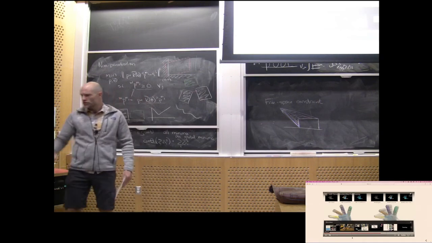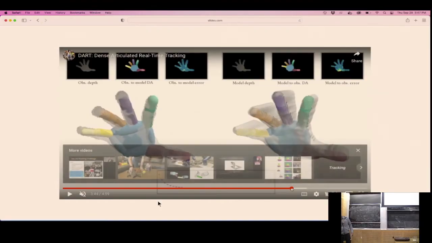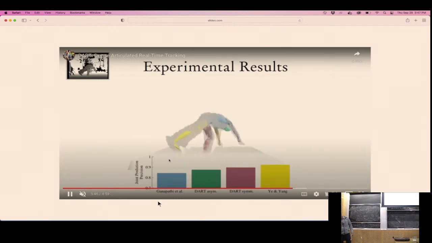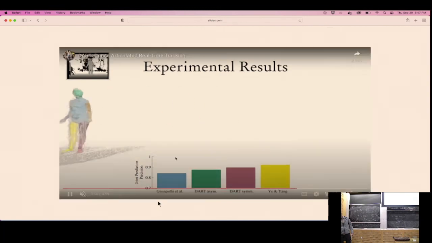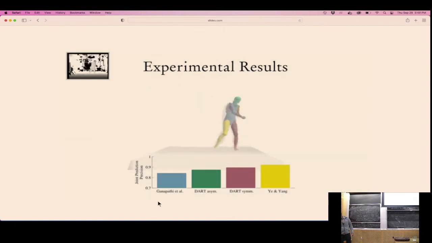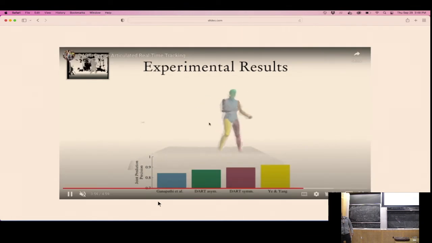And they just did incredible tracking demos with this kind of work. Even tracking humans. Super impressive.